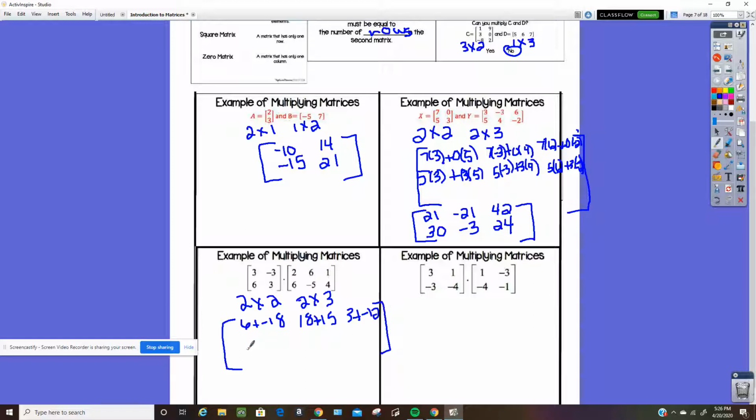And then the next row, 12 plus 18. And 36 plus -15. And the final entry would be 6 plus 12.